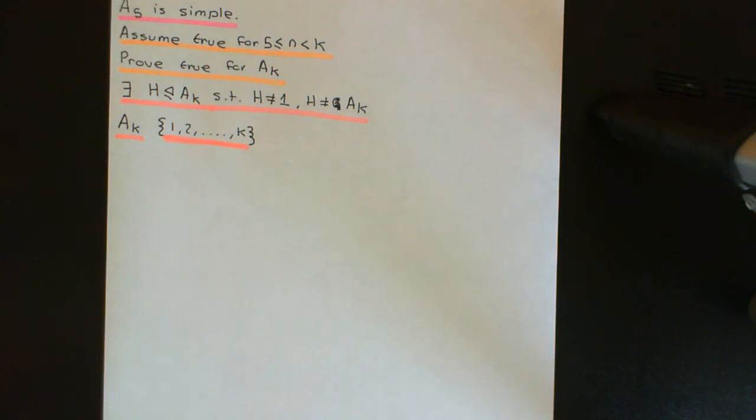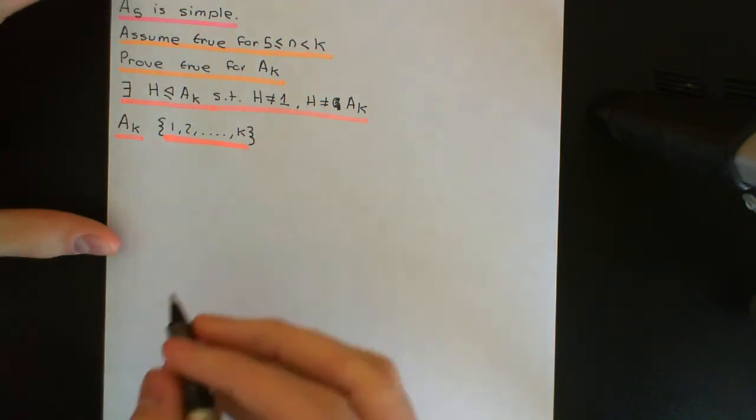Okay, now, what I want to do is define certain important subgroups of A_k that are going to be important for the proof that we're about to do. So I'm going to create some notation for them. That's what I want you to get familiar with, the notation and what they are actually meaning.